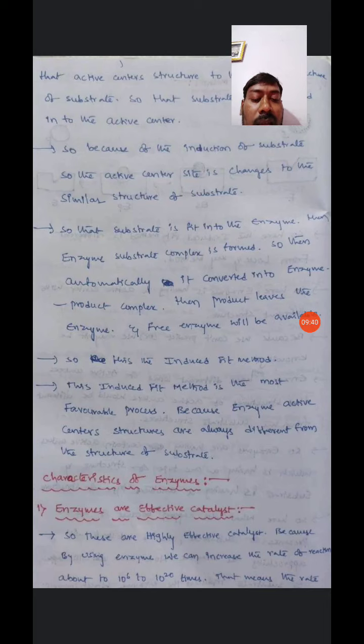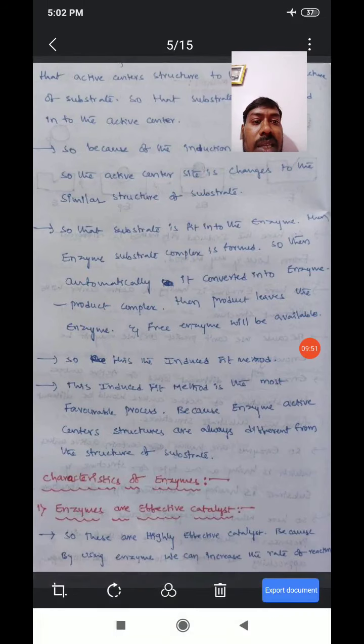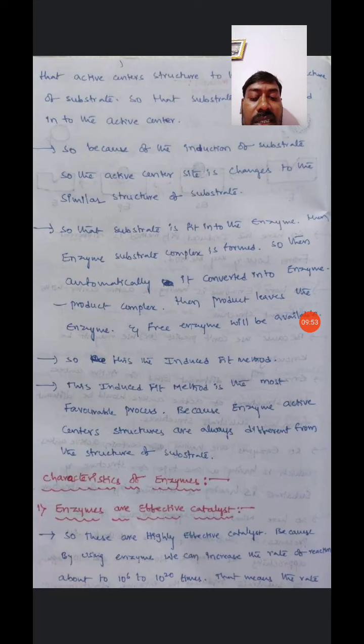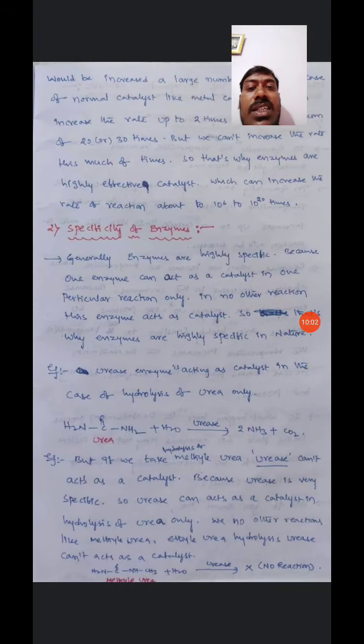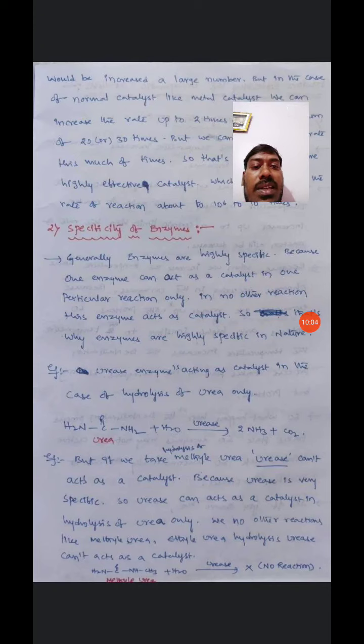These are highly effective catalysts, because by using enzymes we can increase the rate of reaction by about 10 to the power of 6 to 10 to the power of 20 times. That means the rate of reaction is increased by a very large number.